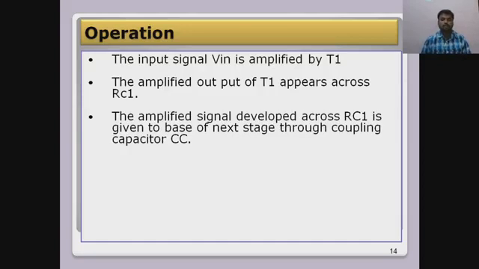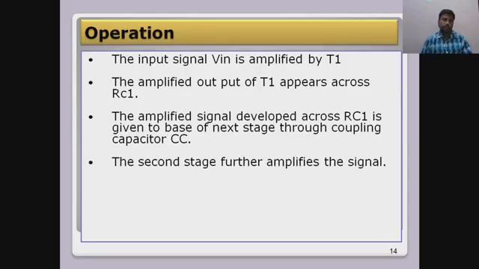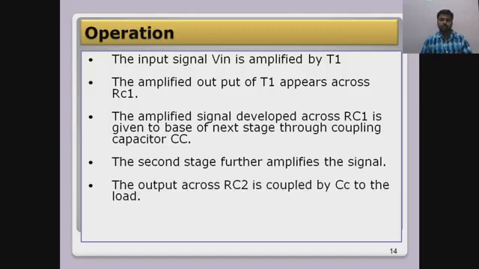The amplified signal appears across RC1. This amplified signal is given as the input to the second stage through the coupling capacitor CC. The second stage further amplifies the signal, and the output appears across the collector resistor RC2 and is coupled by CC, the coupling capacitor, to the load.